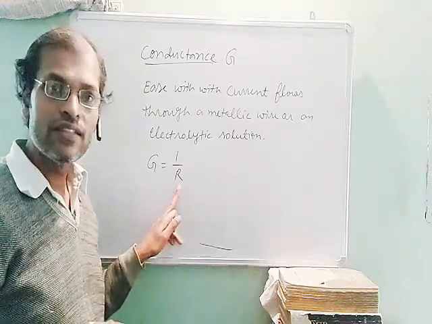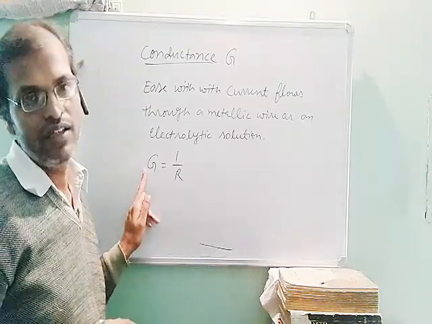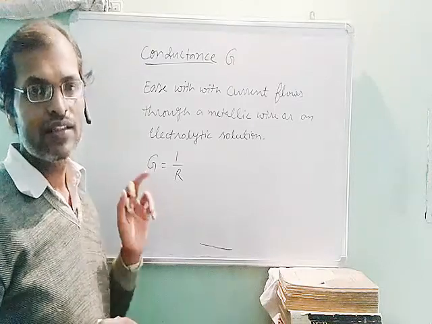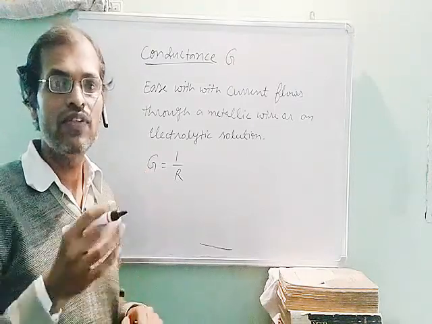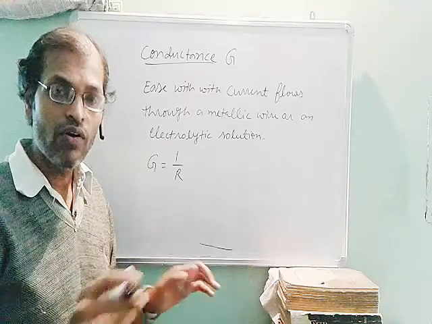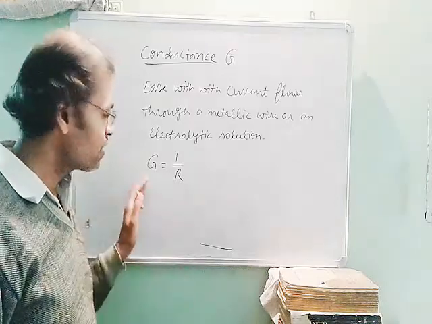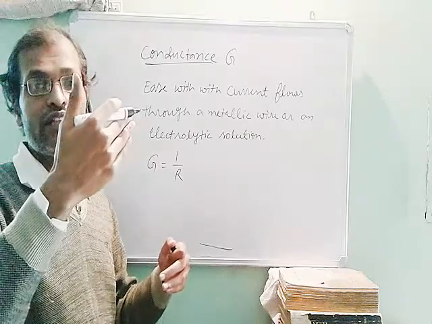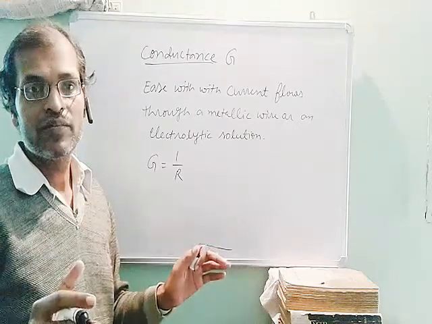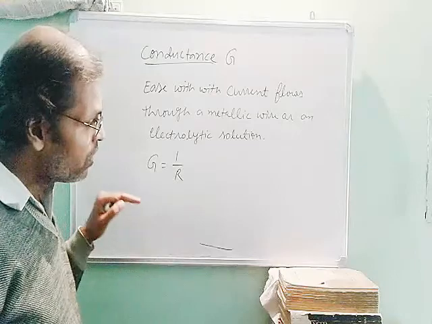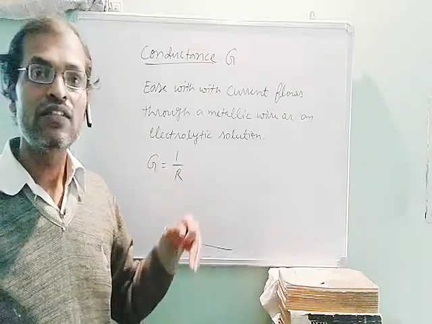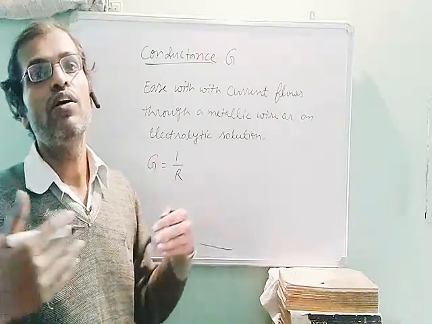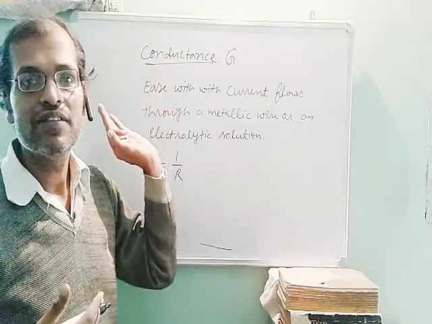Less the resistance, greater will be the conductance. As I just said, the resistance of silver is least among all metals. It means the conductance of silver is greatest among all the metals. Okay, so the order of resistance is just opposite to the order of conductance.